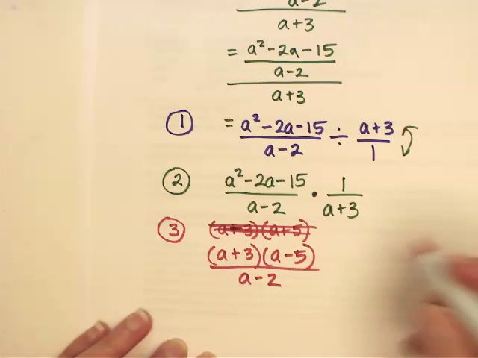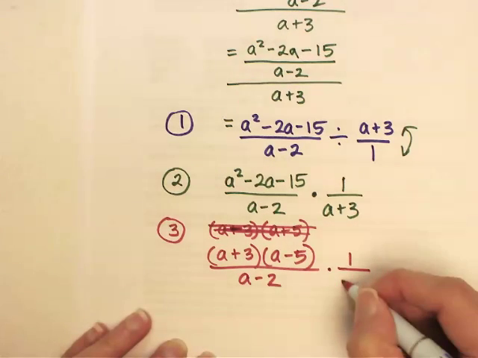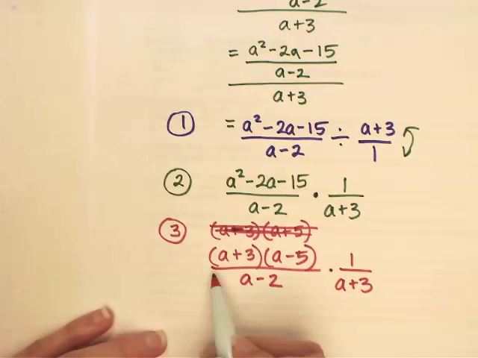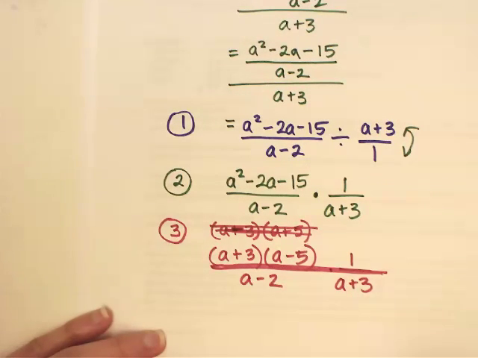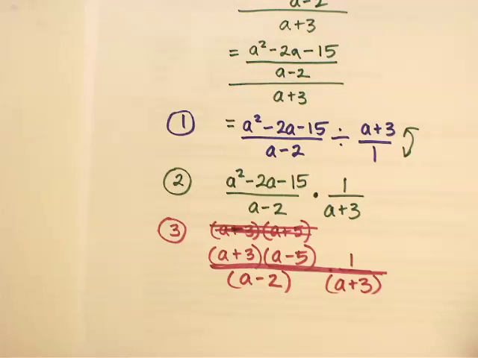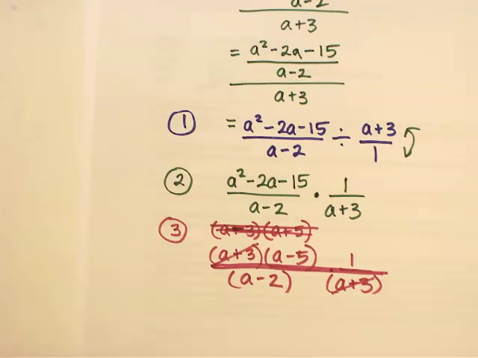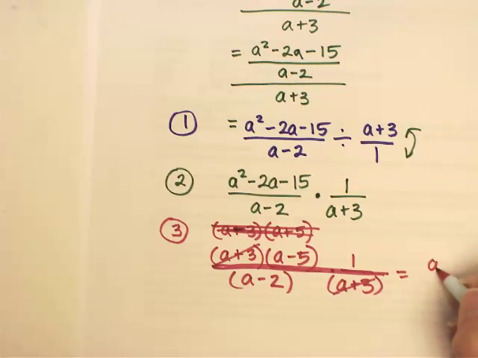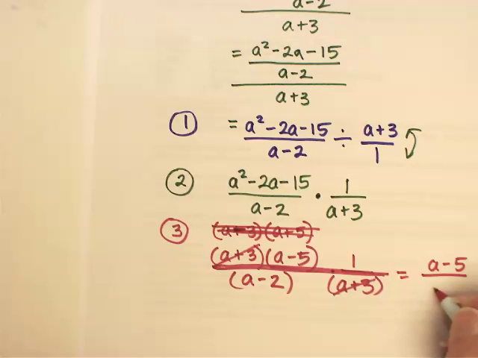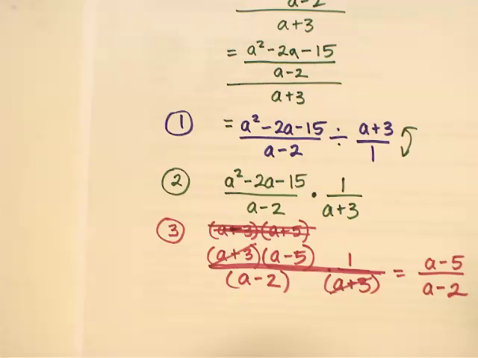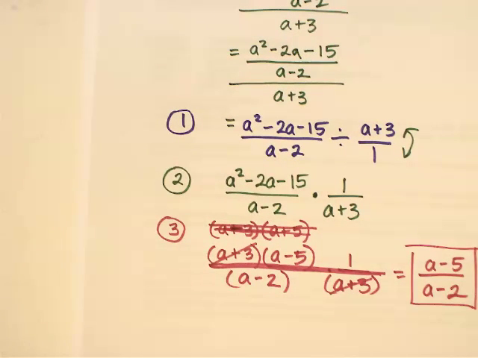So now once we factor the top, we can go ahead and extend that fraction bar and cancel any common factors. Okay, so there is an a plus 3 in the numerator and denominator, so we can cancel those. And we are left with a minus 5 divided by a minus 2. Okay, and that is our final answer.